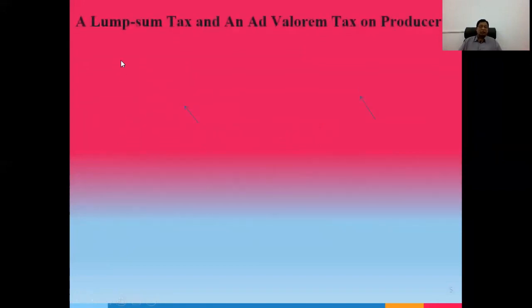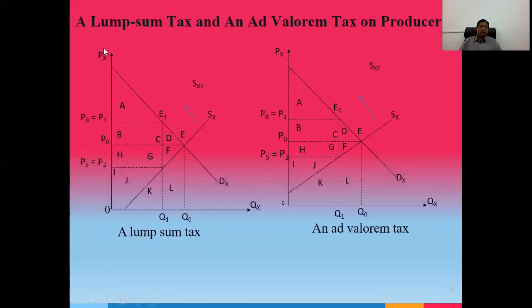Then I would like to focus on both together, lump sum tax and ad valorem tax on producers. I would like to discuss first economic implications of lump sum tax on producers.